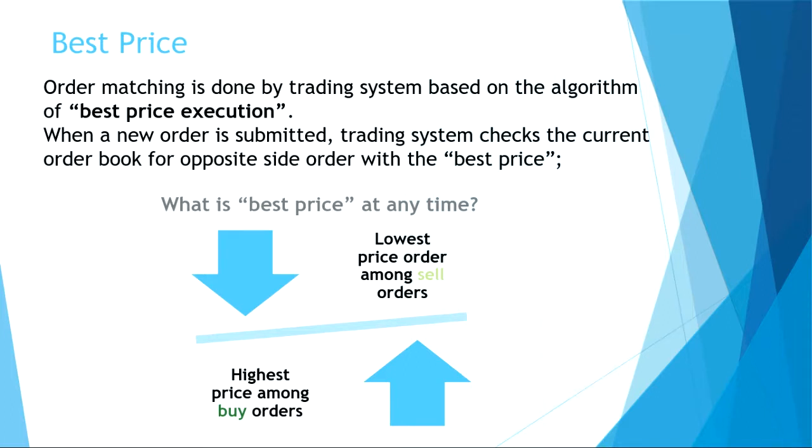If you want to buy, the highest will be executed first. If you want to sell your assets, the lowest will be executed first, right? It's clear. Any question? No, good.